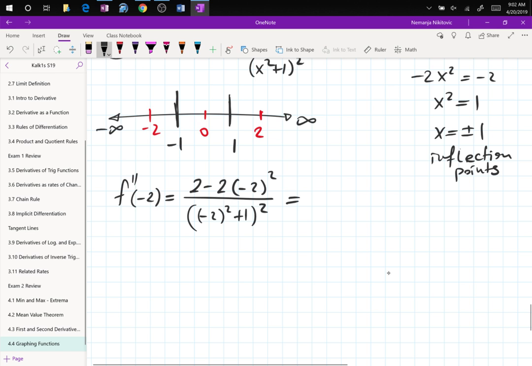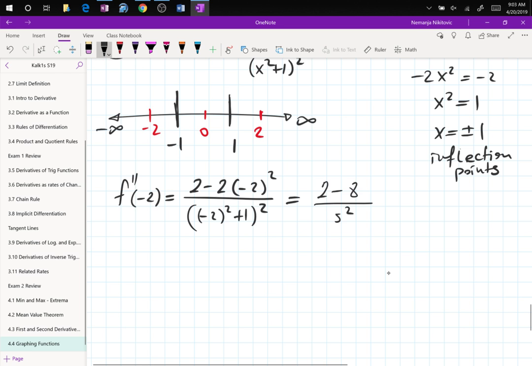So what do I have in the numerator? I have 2 minus 8. -2 squared is 4, times 2 is 8, so 2 minus 8 on top, divided by 5 squared on the bottom. You see, the denominator is squared, which means it's always positive. And a positive number in the denominator doesn't change anything, because if you divide negative by positive, you get negative.